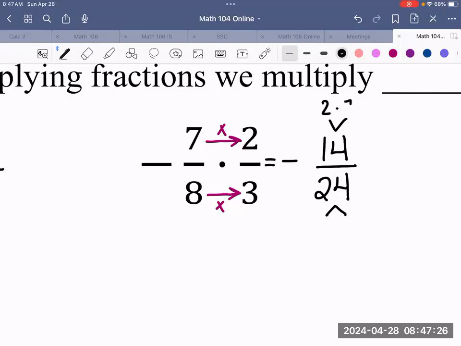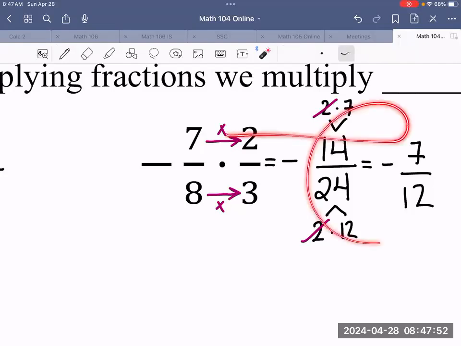So 2 times 7 make 14, or 2 times 12 make 24. Now, when we go ahead and cross out those 2's, whatever is left over will be our fraction, negative 7 over 12, and then we can reevaluate. Do 7 and 12 have anything in common? No.